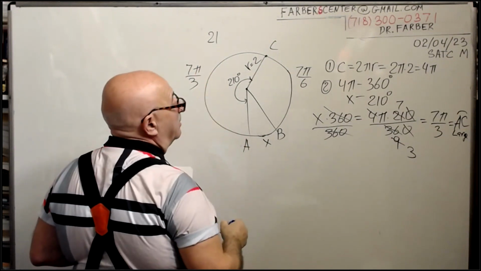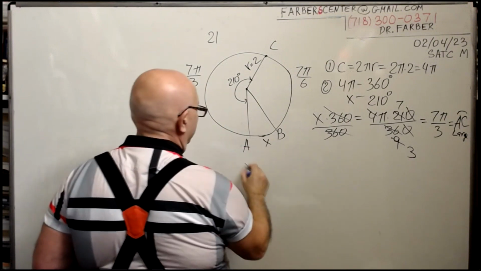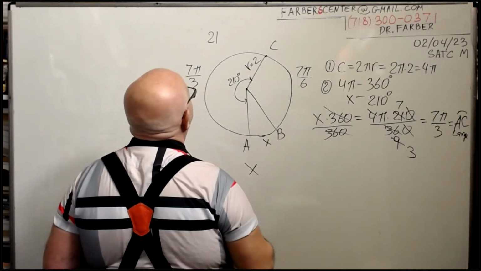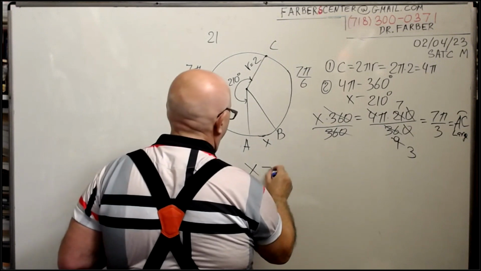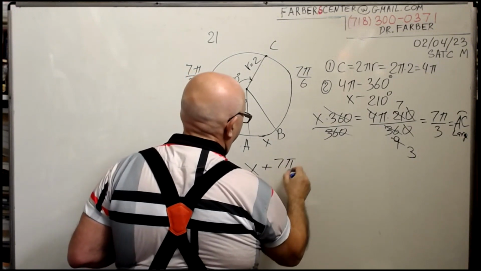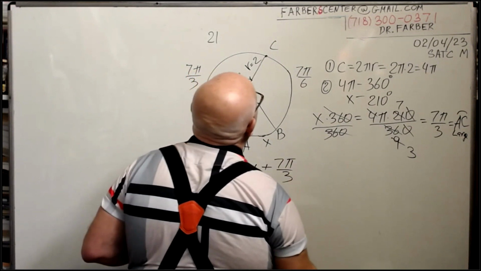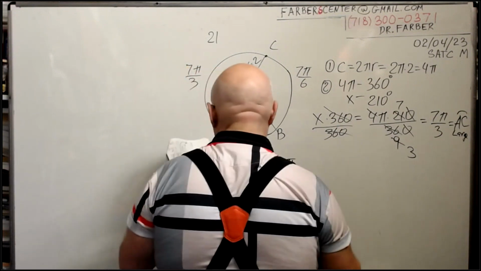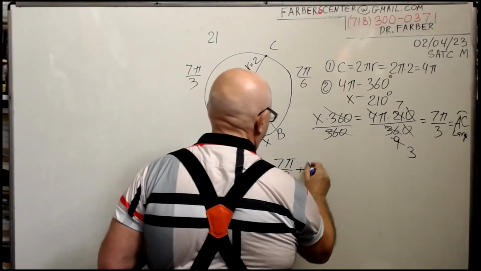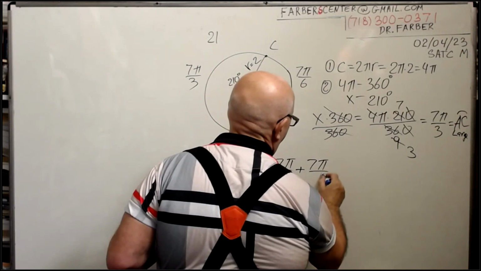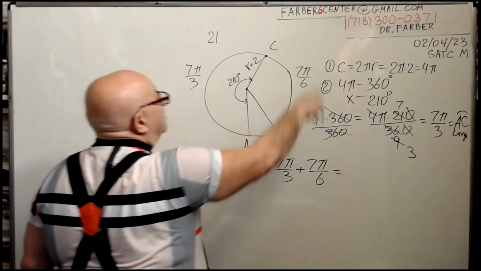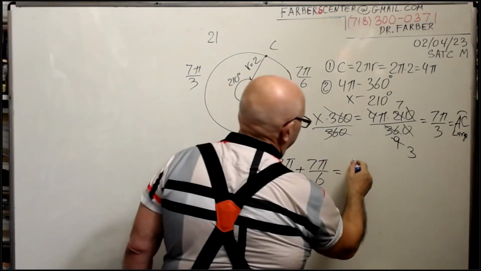If you add them up, x, the length of AB, plus 7 pi over 3 plus 7 pi over 6. It's supposed to be your entire circumference.